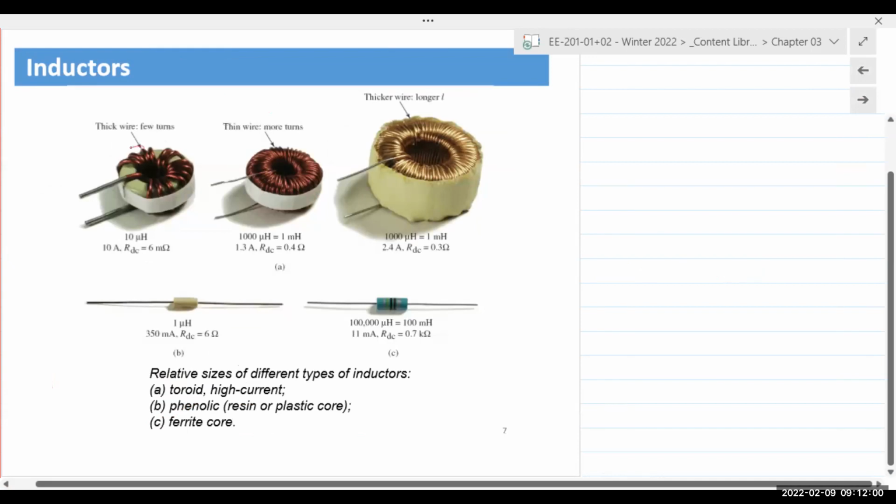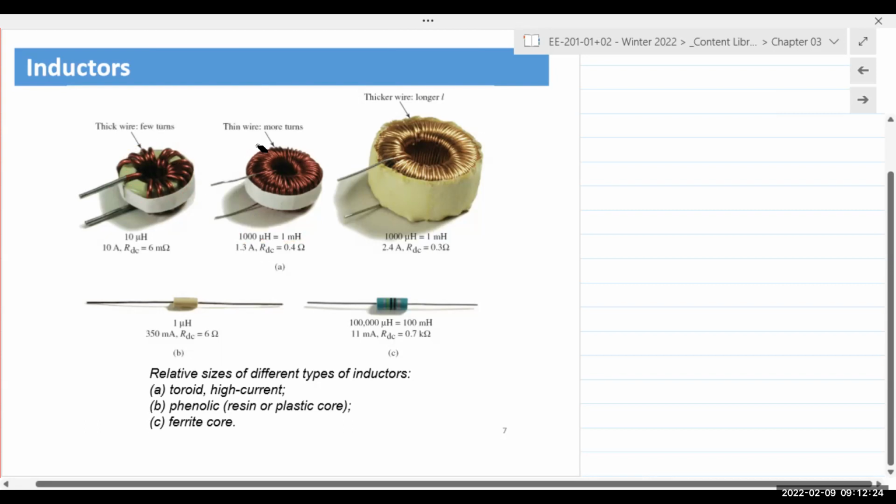And here you can see the number of turns are much less, quite evident. Compared to the second one, which has a thinner wire than the first, but it has more number of turns. So the inductance level is high, 1 millihenry compared to 10 microhenry.